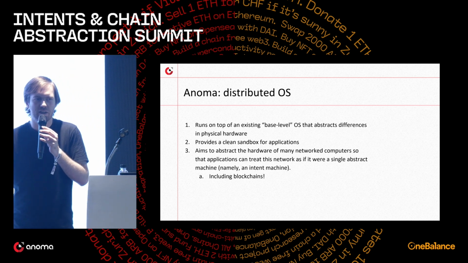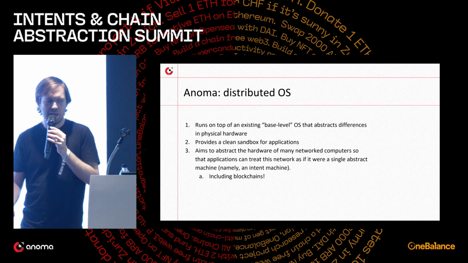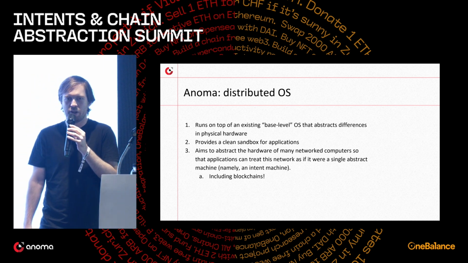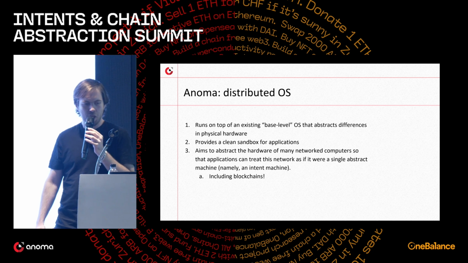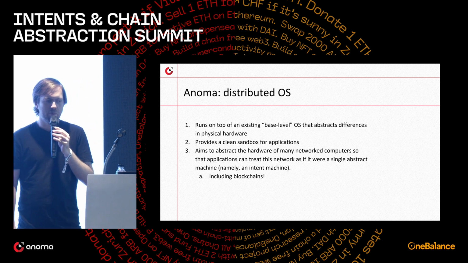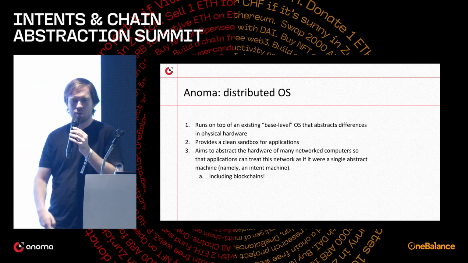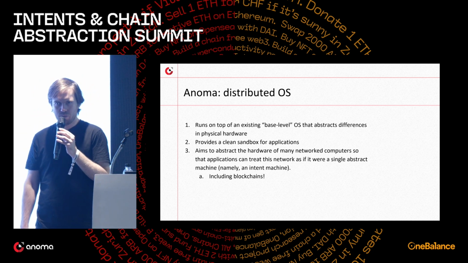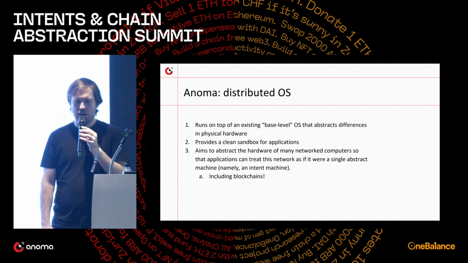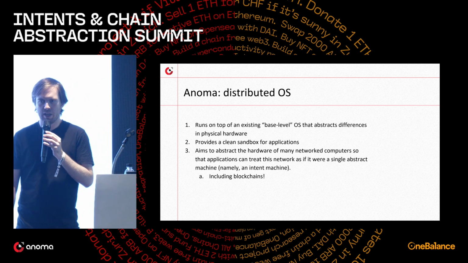So Anoma itself is not concerned with compiling code to x86 CPUs. There exist operating systems that do that. That would not be a very useful thing for us to do. And Anoma provides a clean sandbox for applications, a bit similar to something like a web browser. But what's different about Anoma is that Anoma aims to abstract the hardware of many network computers at once.